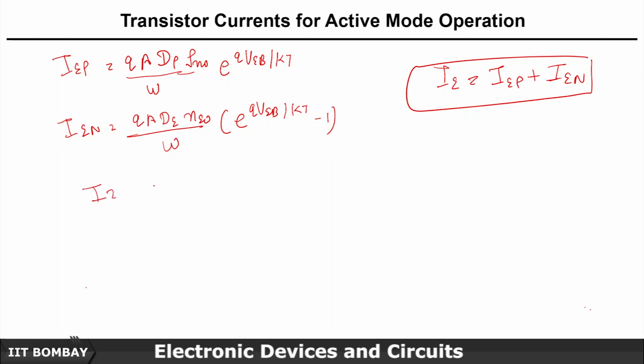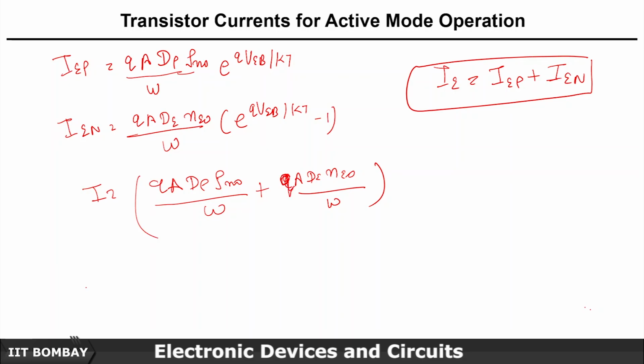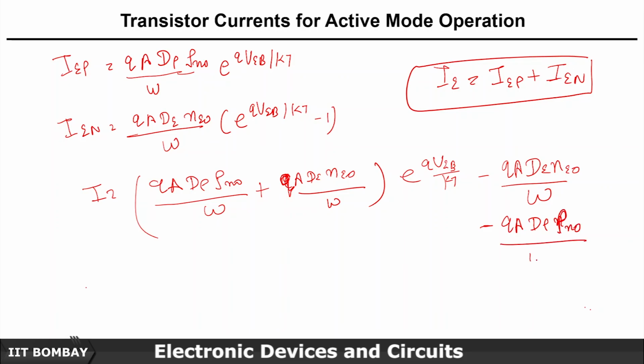What we get is QADP Pn0 by W plus QADE NE0 by W, times e raised to power QVEB by KT, minus QADE NE0 by W. This is the expression we got for this IE current, and in order to make it smoother, or more representable, we can subtract and add this term. The sum of these two terms is the same.